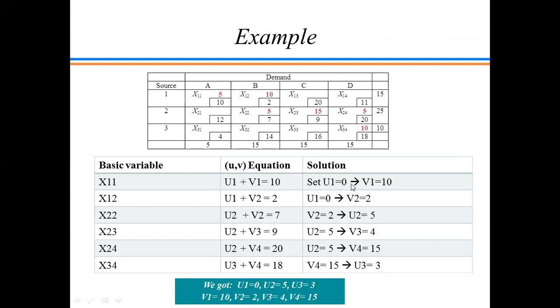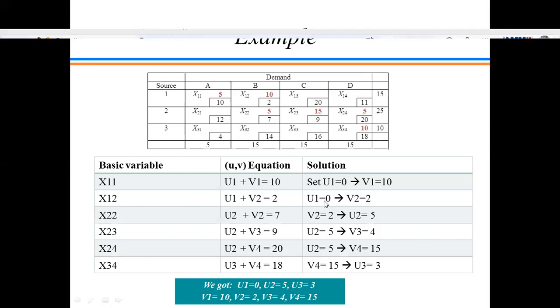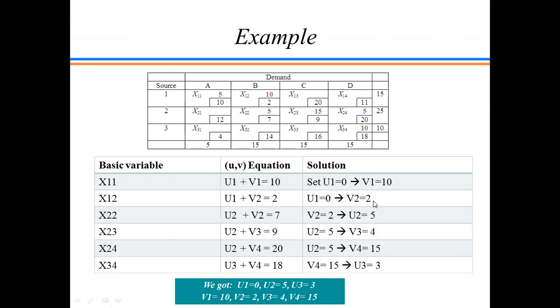Then if u1 is 0, automatically v1 is 10. Then you can continue for x12. The formula is u1 plus v2 equal to c12. C12 is 2, u1 is 0, so automatically v2 is 2. The same you also do for x22, x23, x24, and x34.